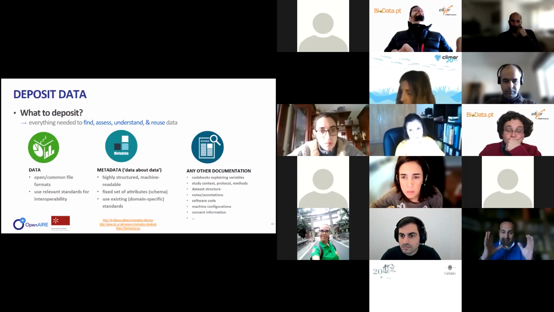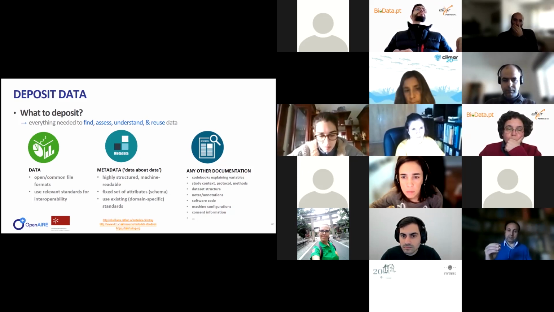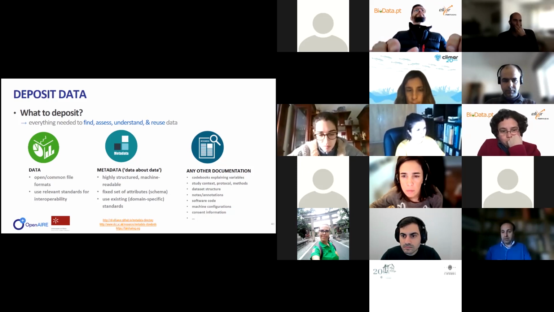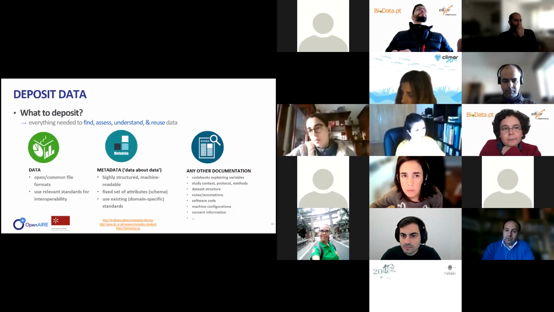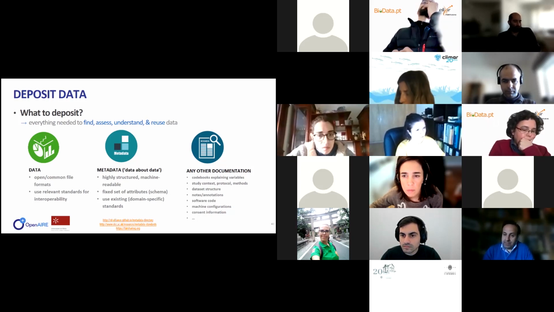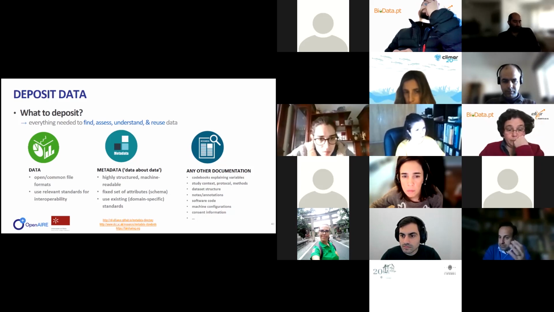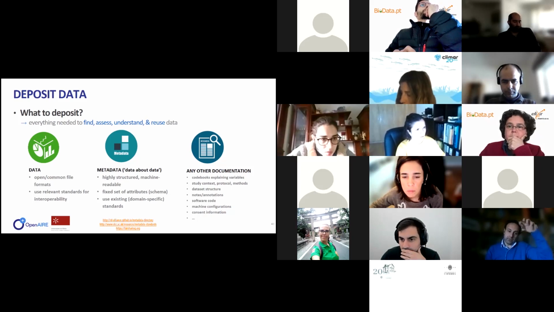So this slide highlights that we are not talking only about descriptive metadata and uploading files, but we can also upload code books explaining different information, protocols, readme files with disclaimers. We can even attach software code and consent information in the data set, so files of the data plus some other documentation that we should attach to the data files.